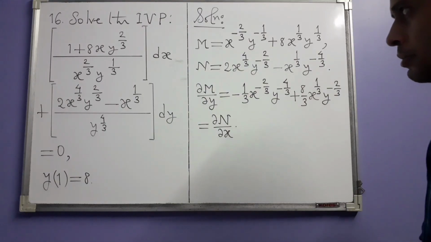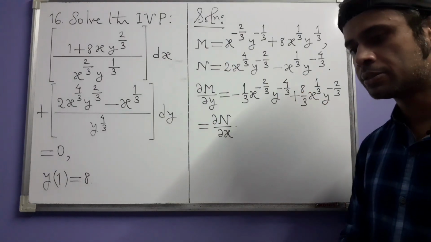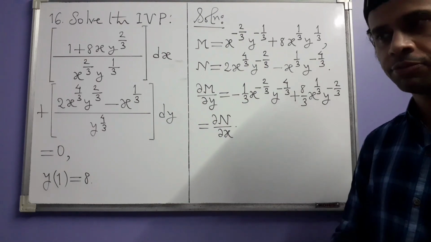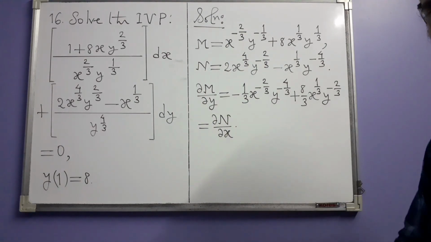Okay. So then what shall we do? Same procedure. The equation is exact means there exists an f for which so and so things will happen. So let's do the rest now.